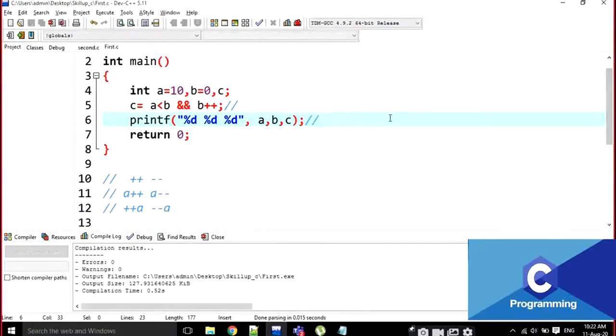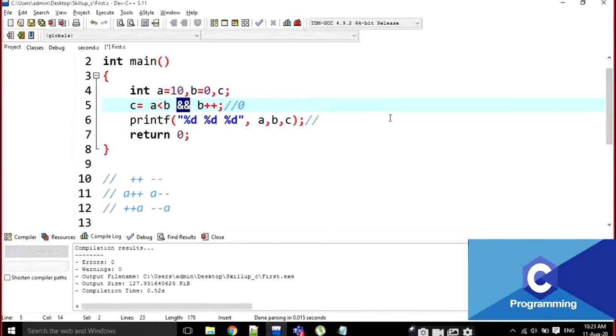This is the logical AND operation. First of all, 10 is less than 5. Is it true or not? False, right? It's false. If one statement is false in the logical AND operation, it never moves to the next one.